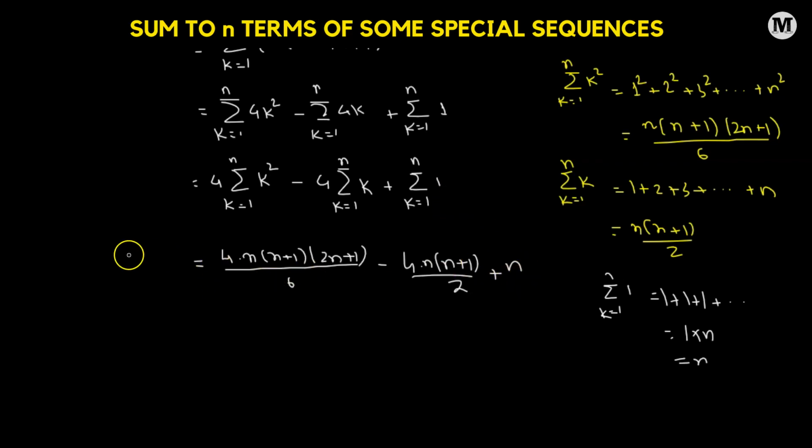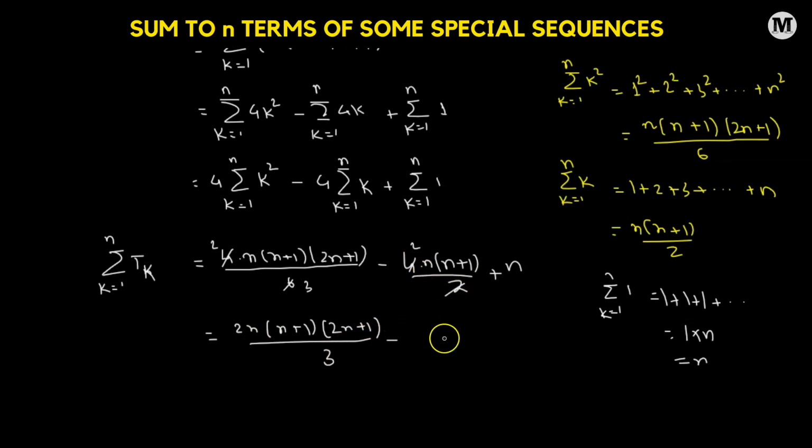Okay, so this is the summation of Tk, where k runs from 1 to n. Now we have 2 times 2, that's 4, 2 times 3, that's 6. We have 2n multiplied to n plus 1, multiplied to 2n plus 1 whole divided by 3, minus we have 2 times 2, that's 4, so we have 2n times n plus 1, added to n.